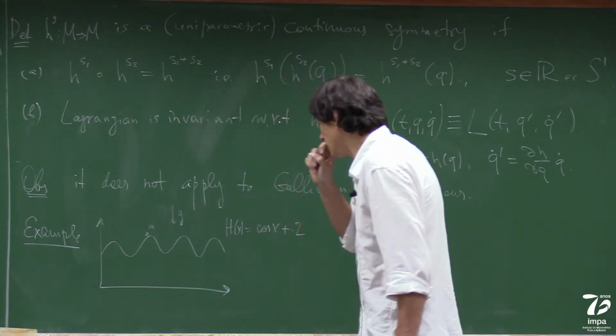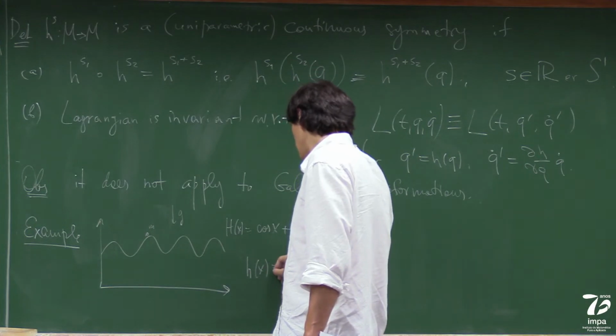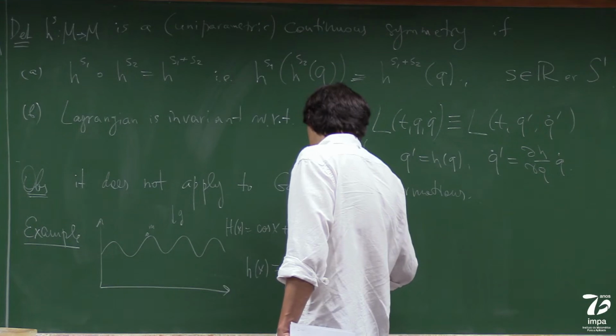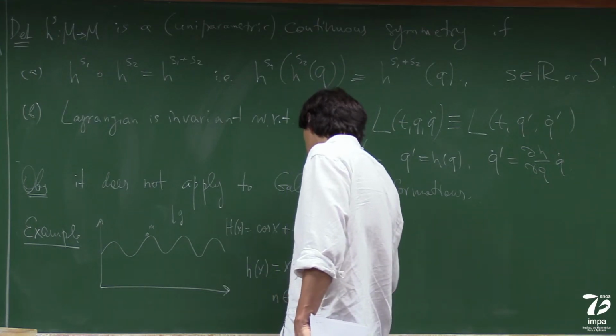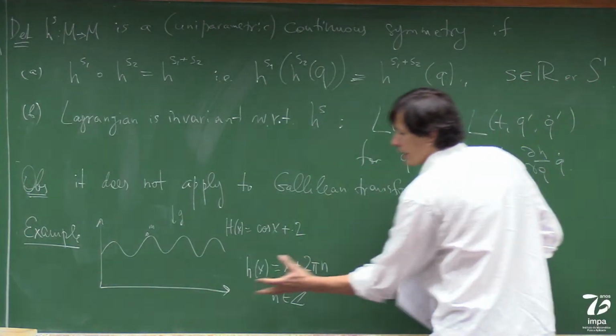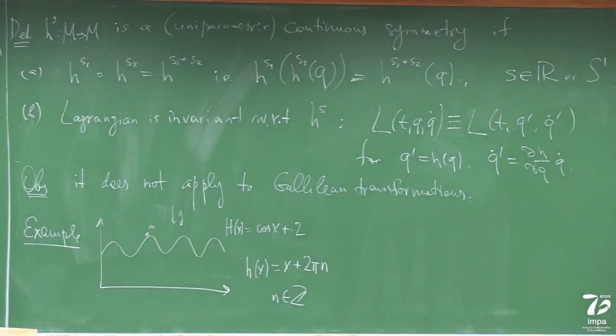What you see is that h of x equal x plus 2 pi n, for any integer n, is a symmetry. If you change coordinates by any period, your Lagrangian will not change.